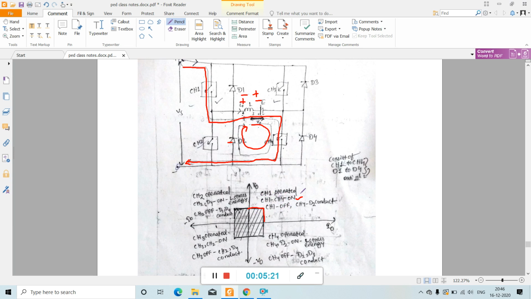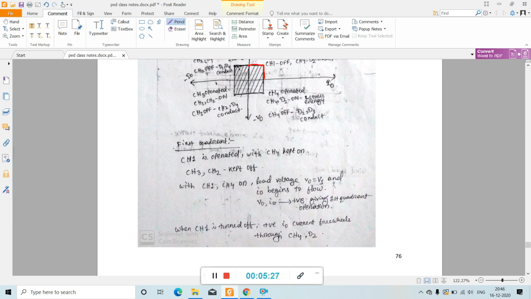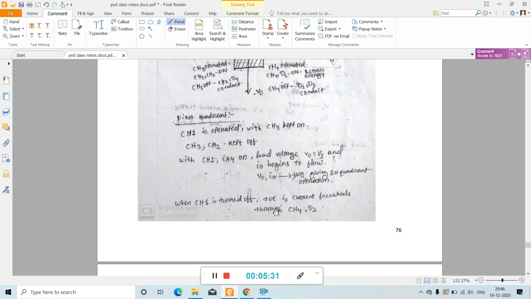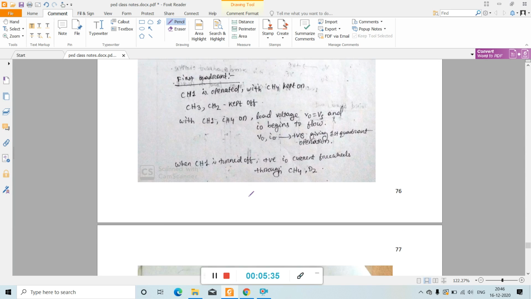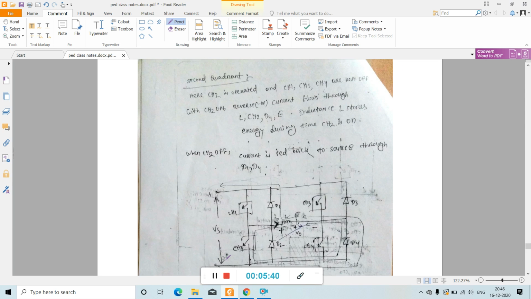So this is represented here, V0 positive, I0 positive in the first quadrant. Okay, all these things are explained here in the first quadrant. For first quadrant operation, whatever I told you is mentioned here. Okay, and then next we come to the second quadrant.